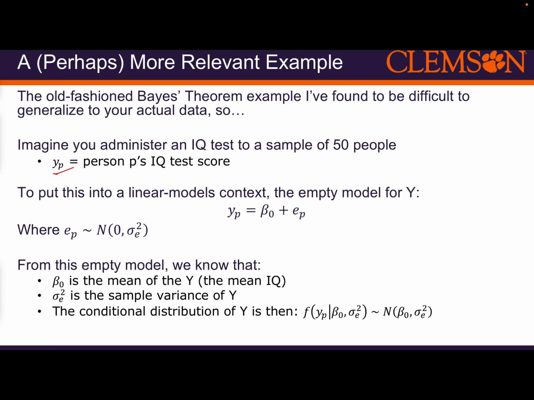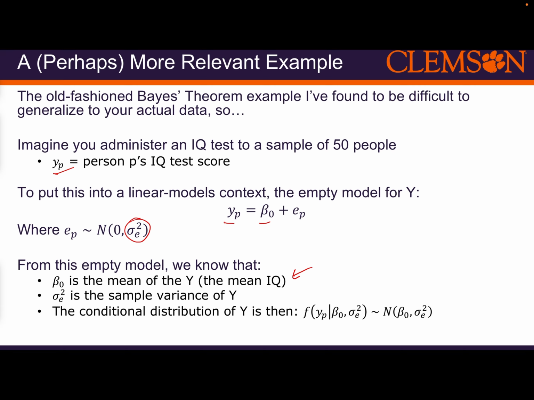If we put this into a linear models context, an empty model for Y would look like this. We're going to say an IQ score is equal to an intercept plus error, where the error has some type of variance. From this empty model, we know that beta 0 is the mean of Y. We've shown that in class already.